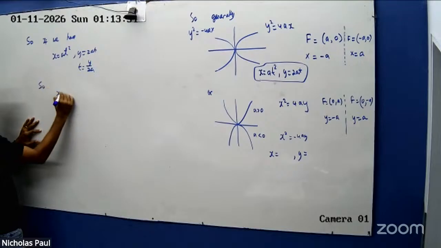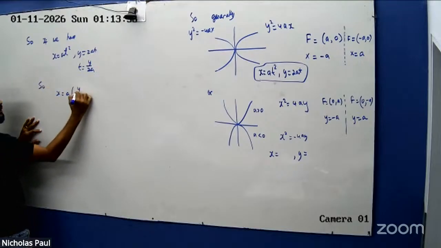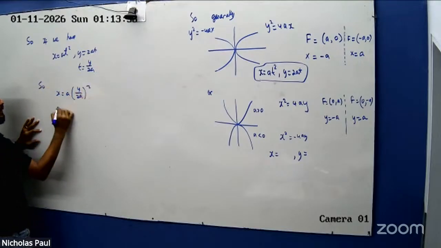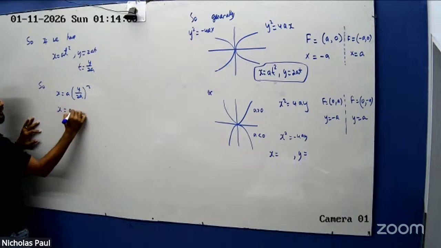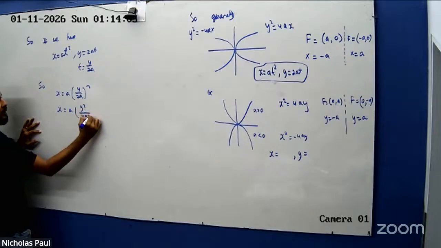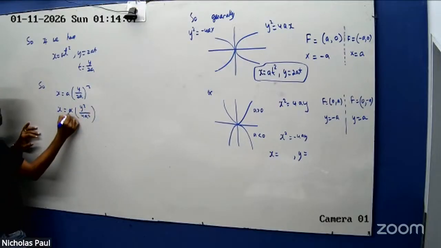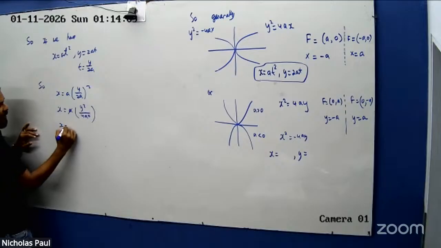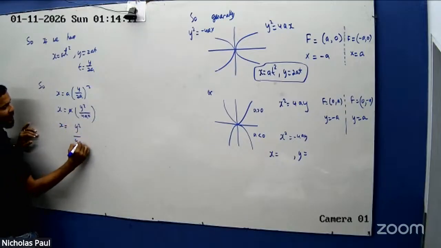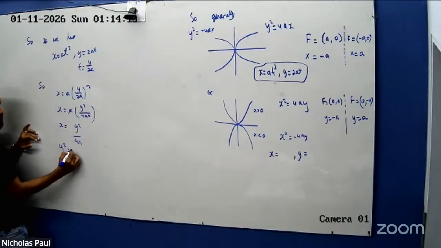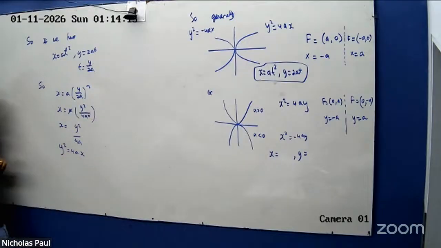So you'll get x is equal to a times (y on 2a) squared, which is a times y squared on 4a squared. This a will cancel with the squared, and you'll get x is equal to y squared on 4a. When you cross multiply, you'll get that.